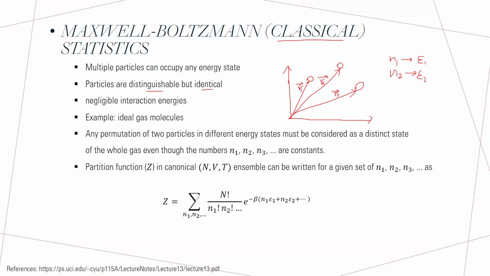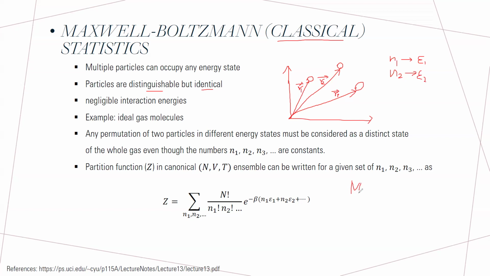So the partition function in the canonical ensemble can be written in this form, where we have factorial capital N. Here N means the number of particles.